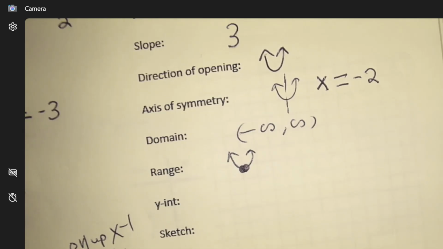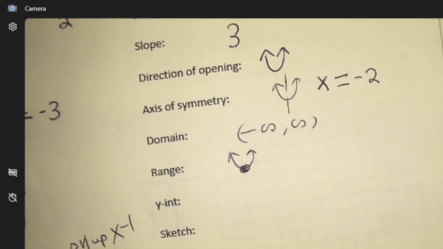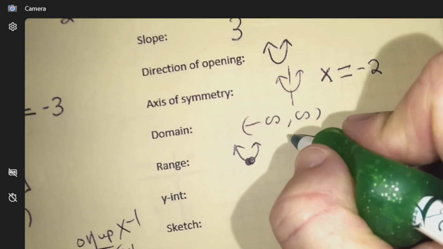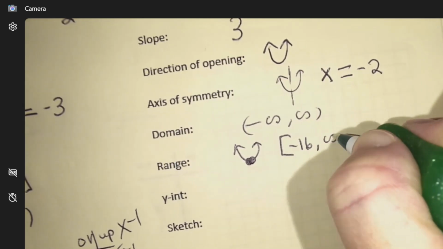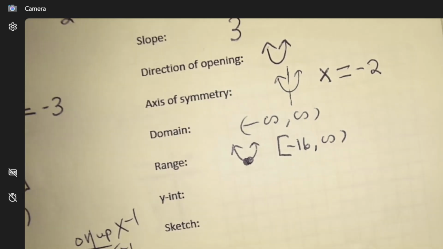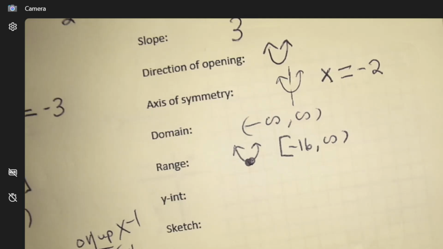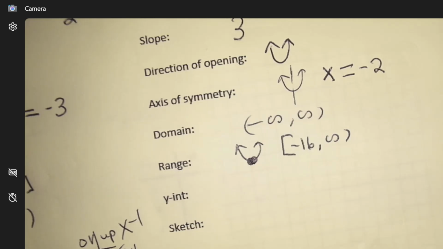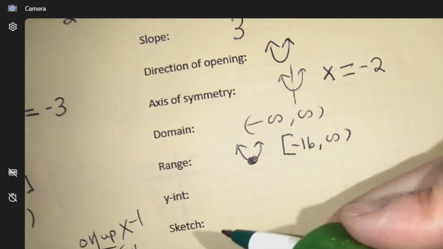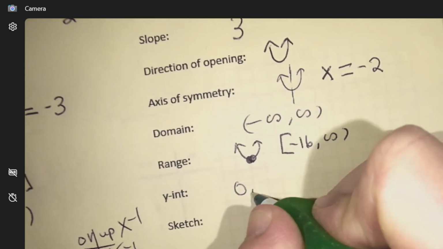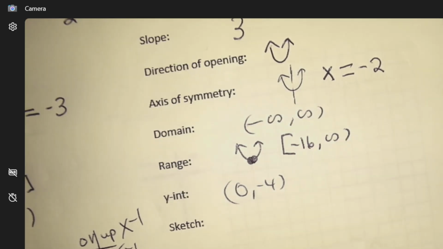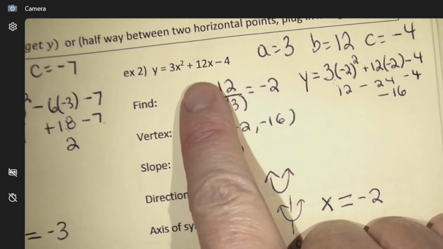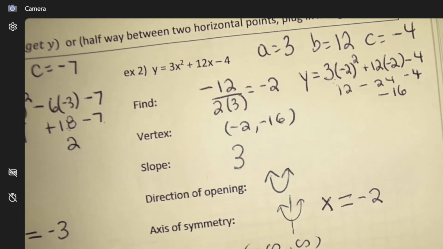Pictures. Okay, so negative 16 is the bottom. Okay, the y-intercept. You get 1 second to figure it out. What's your math? Negative 4. Okay, because there's no x's, so forget the x's, forget the x's.